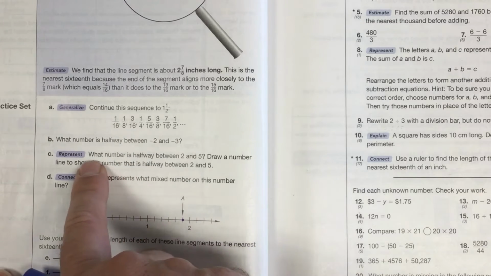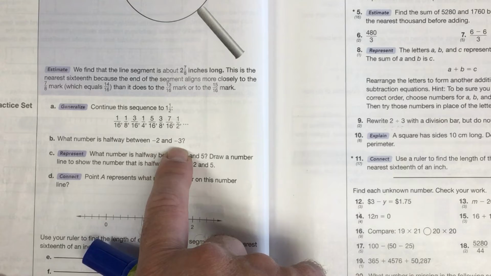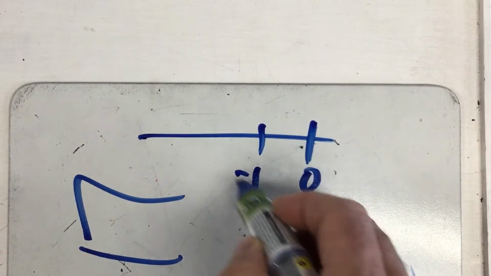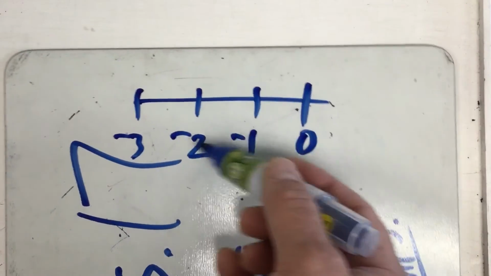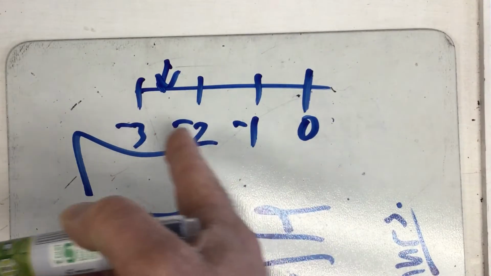When it says this one right here, what number is halfway between -2 and -3? If we looked at our number line, and we got 0, -1, -2, -3. What's halfway in between? That would be here. That would be -2.5.